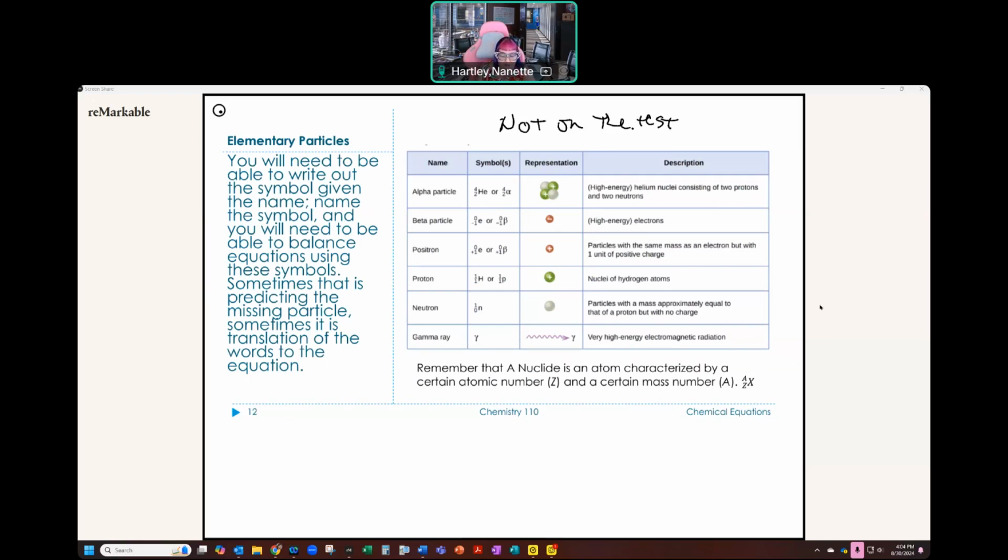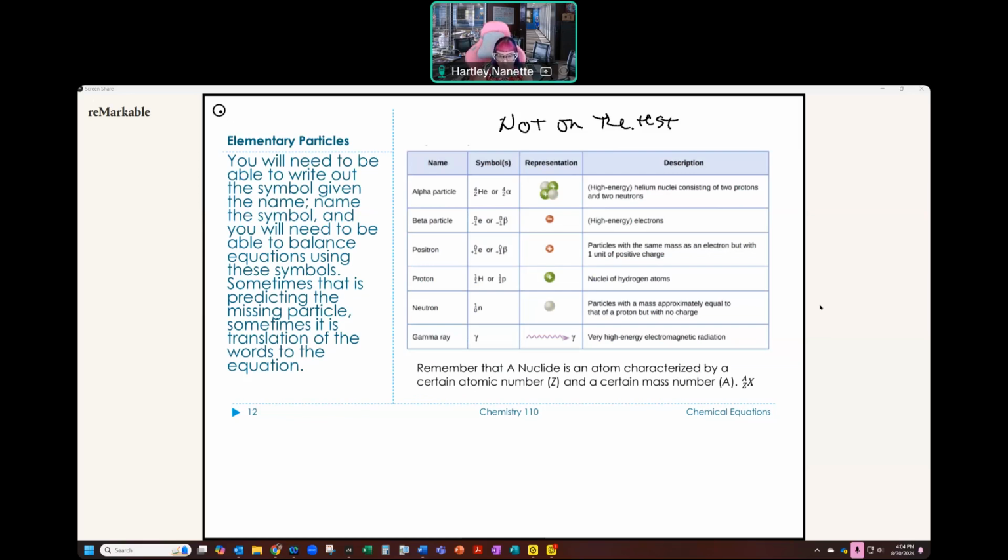They involved things like, here are the words, write this out and balance this equation. Which one of these is this kind of particle? There'll be some of these on the final as well. So there is that. Now, it's up to you if you want those points or you don't. To me, those seem like easy points. To memorize these particles and get those points seems fairly easy. So I always recommend it, but that is entirely up to you.